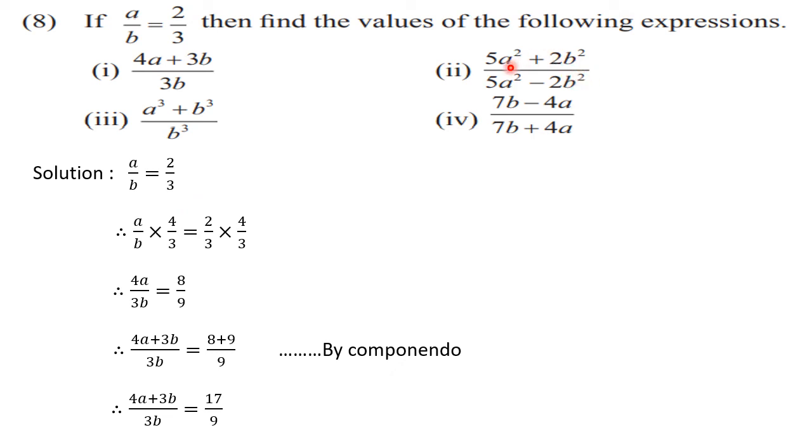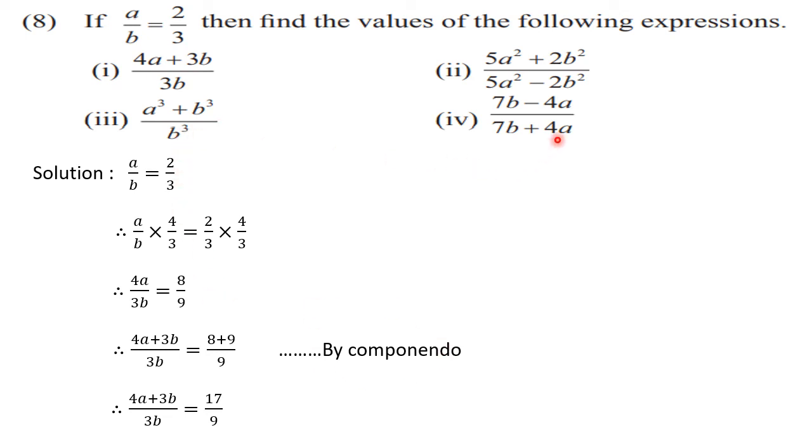Now here you will find that componendo dividendo is used, where numerator is 5a square and denominator is 2b square. So start here, get the required numerator and denominator, use componendo dividendo. Now here again, numerator is a cube, denominator is b cube, and again you are going to use componendo.